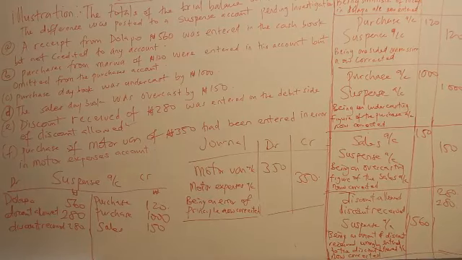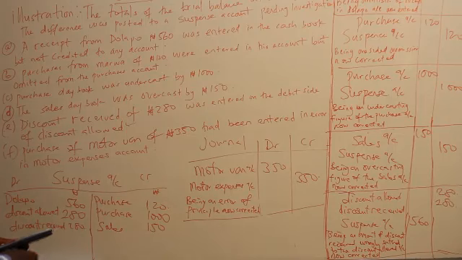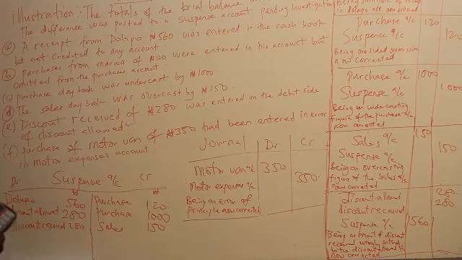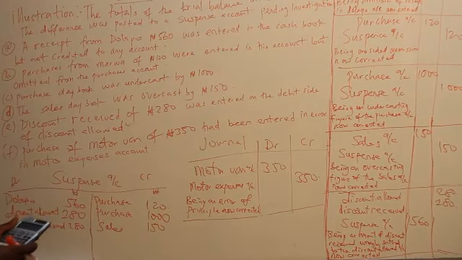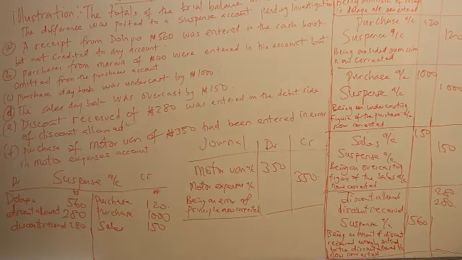So for us to balance the account, balancing the account involves us adding up the items on the debit side of the account. We have 560, 280, 280. That gave us 1120. Then we have 120 plus 1000 plus 150. So that gives us 1270.